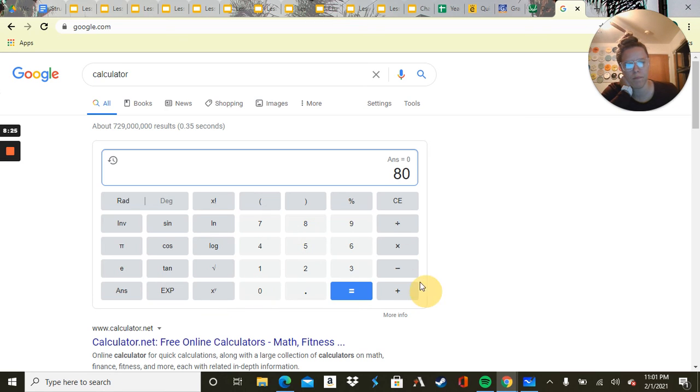So I type 80 times 3.14 equals, and it's going to be close enough. None of the answers I give you on your assignment are even in the same decimal range. So if you get something that's close like that, because you used 3.14, that's fine. Just select that answer, because I did use the pi button, so it'll have a little bit different answer.